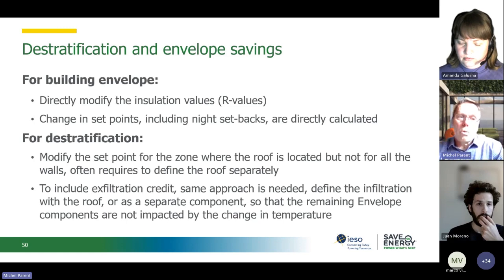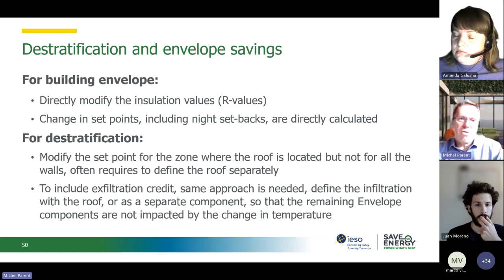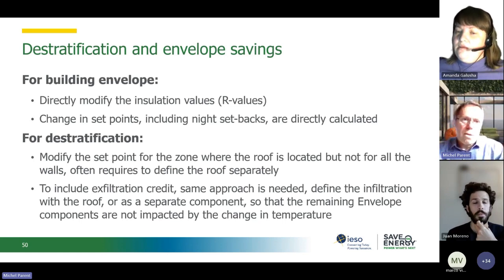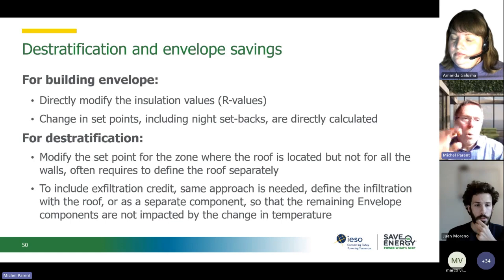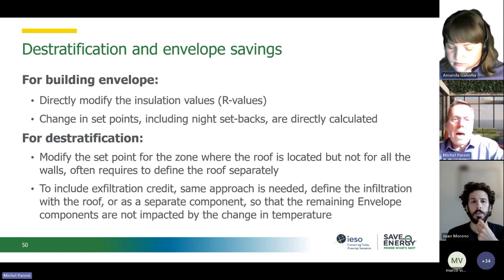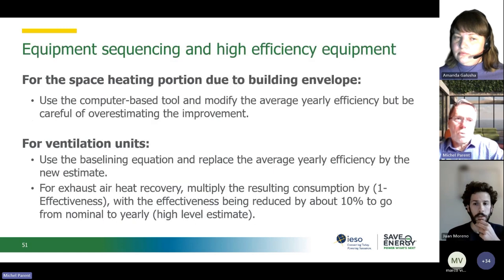And again, you can use RETScreen by defining a specific component that would be a building envelope that only has a roof and only has exfiltration, and then you change the set point for that roof and for that zone. It won't impact the wall, it will just impact the roof, and it will give you the impact of a destratification fan. So it's a short workaround to do a destrat fan in RETScreen.